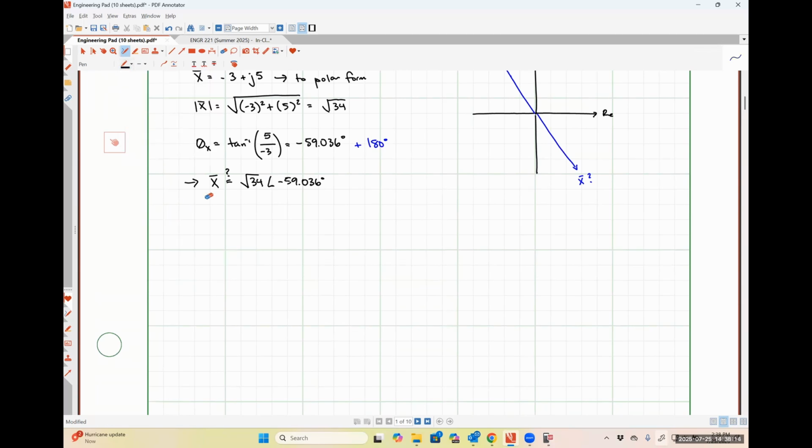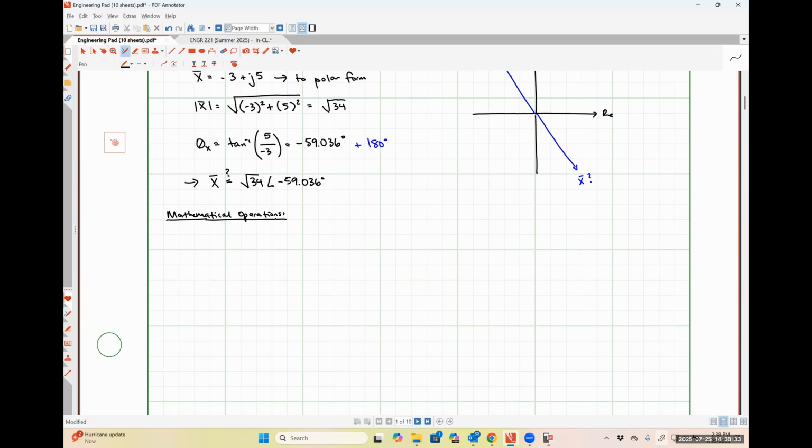We're going to start with the conjugate operation, which is unique to complex numbers. Okay.